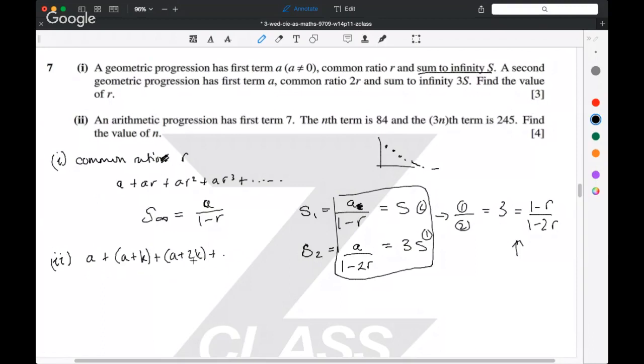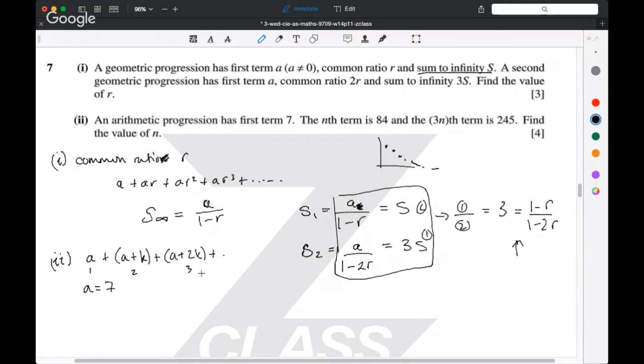You get an extra k added for each term. They're saying that A is equal to 7, that the nth term is 84, and the 3nth term is 245. So this is the first term, this is the second term, this is the third term.